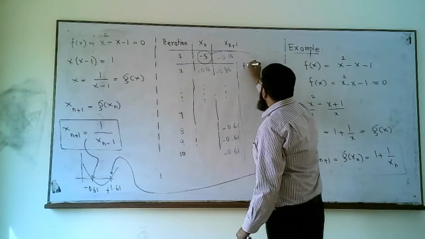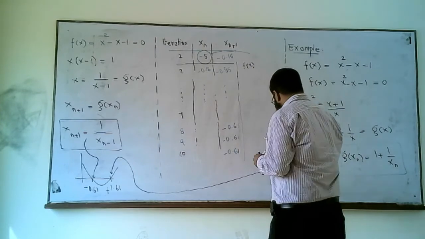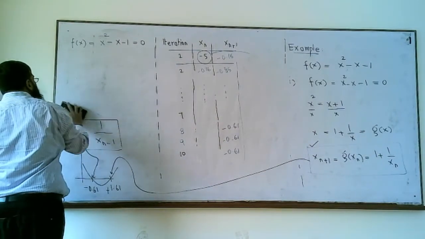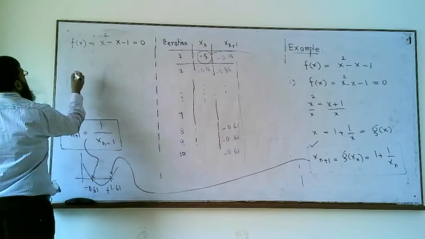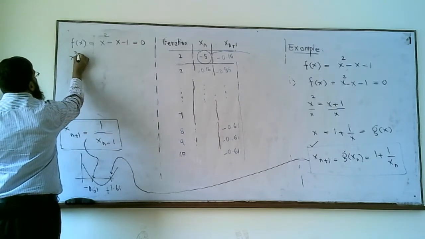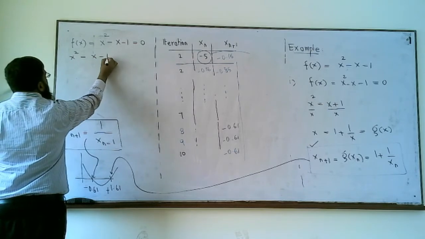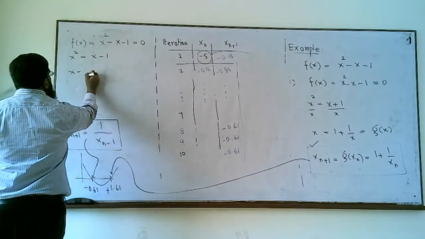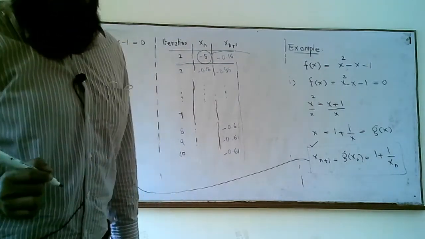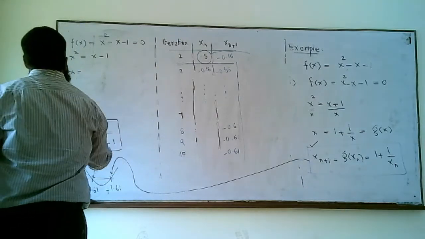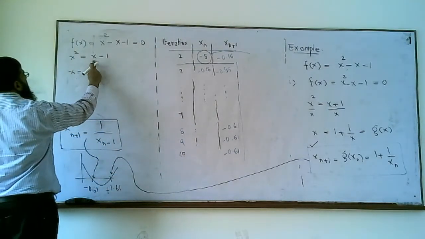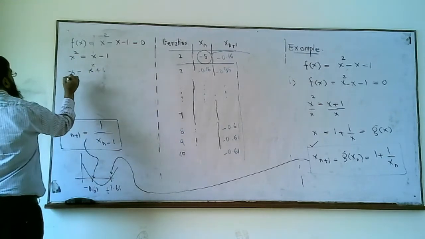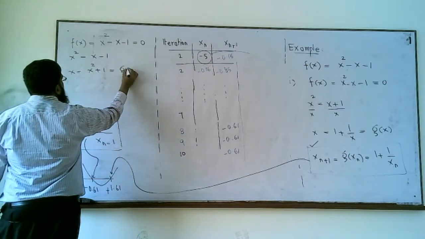Given this f(x), let's put x squared equal to x plus 1, or x is... keeping x here and taking this 1 to the other side of the equation, x squared plus 1, which is equal to g(x).